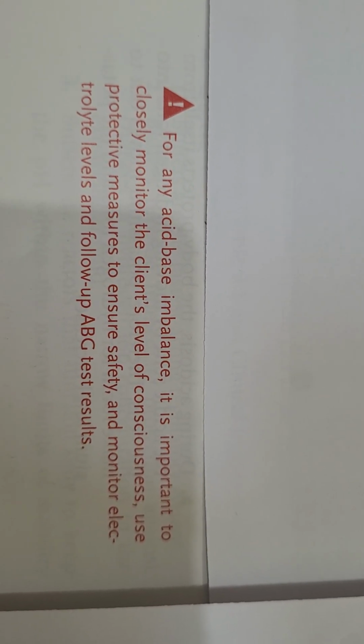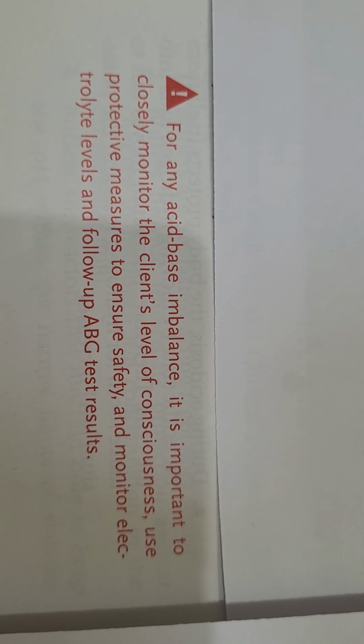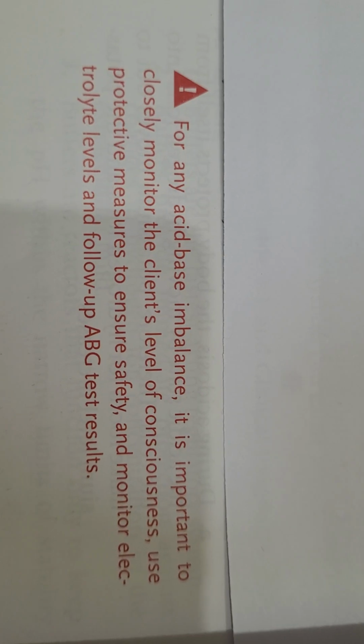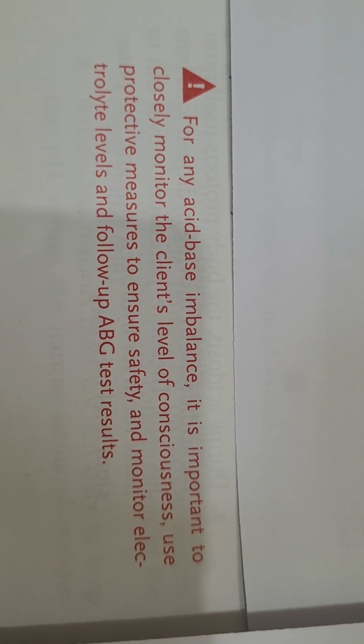So one very important point for any acid base imbalance, whether it is respiratory acidosis or metabolic acidosis: it is important to closely monitor the client's level of consciousness, use protective measures to ensure safety, and monitor electrolyte levels and follow ABG test results. So for any acid base imbalance, either respiratory acidosis, respiratory alkalosis, metabolic acidosis, or metabolic alkalosis, it is very important.